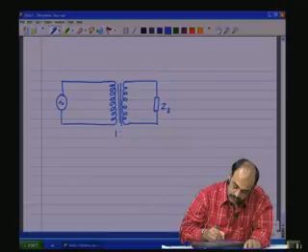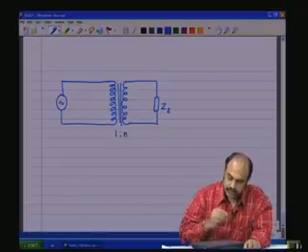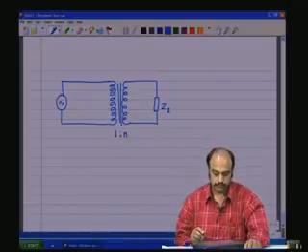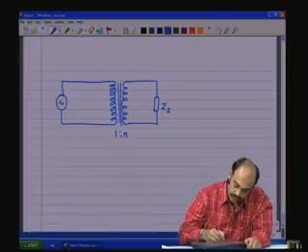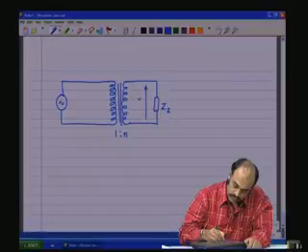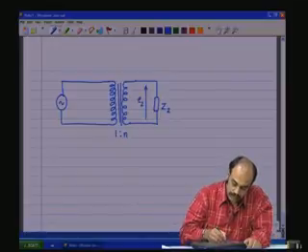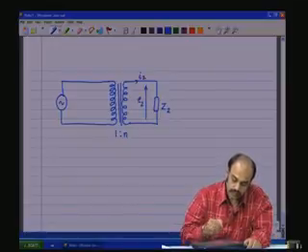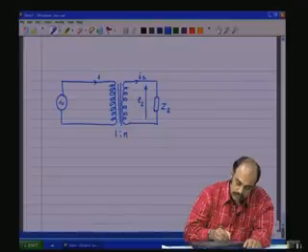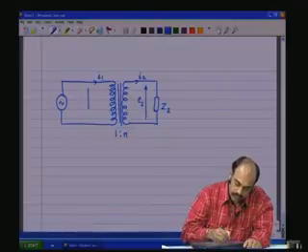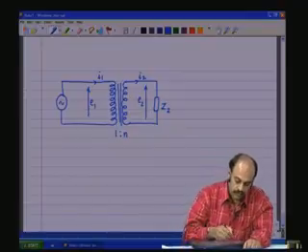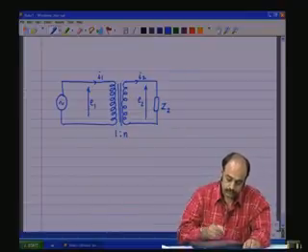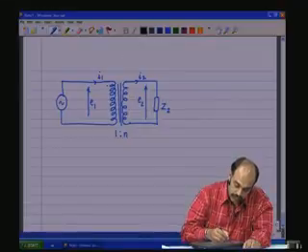The turns ratio is 1:n. The voltage across this was E2, current through that was I2, current through this primary is I1 and the voltage here is E1 or EG. And of course, there is a dot polarity coming into the picture.